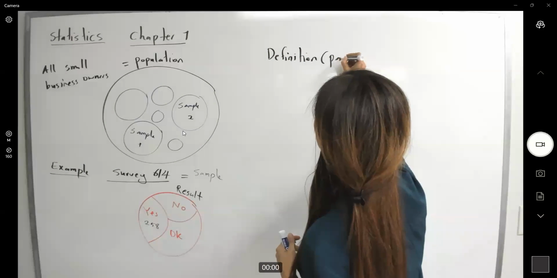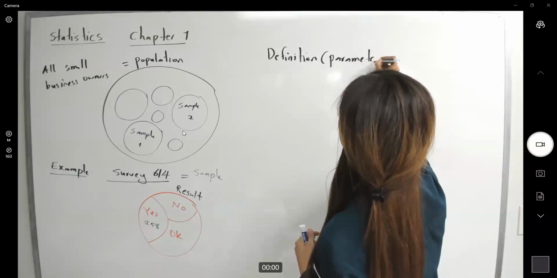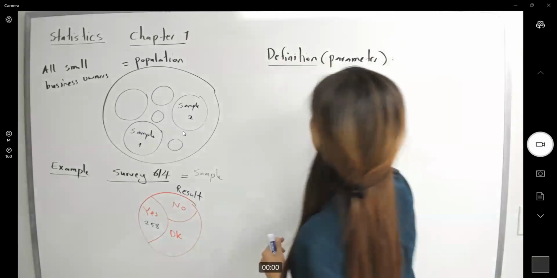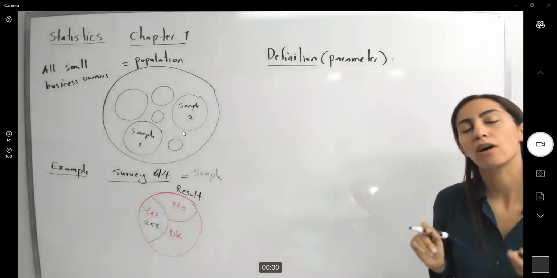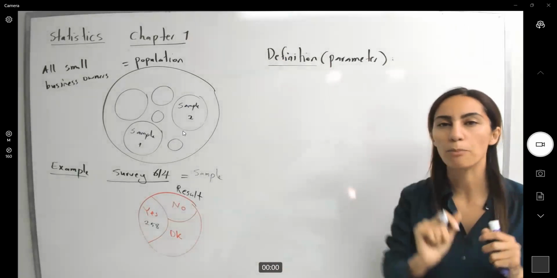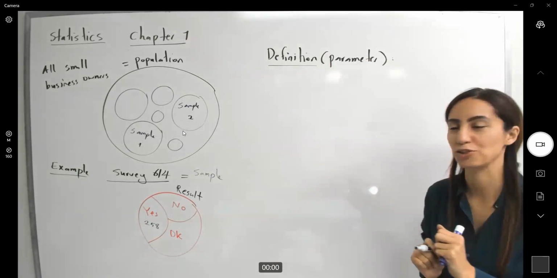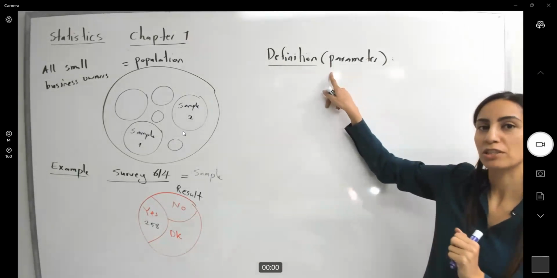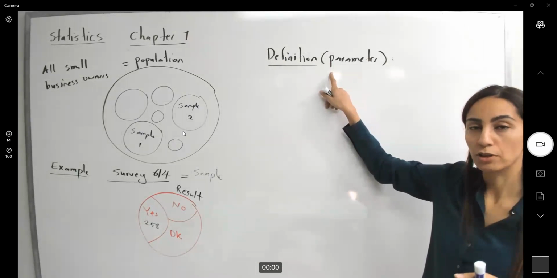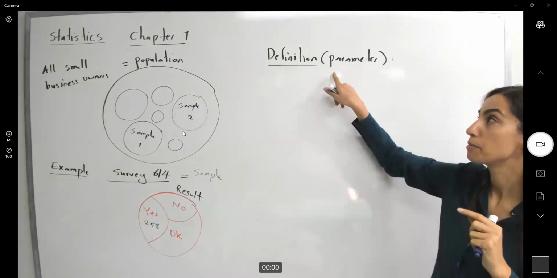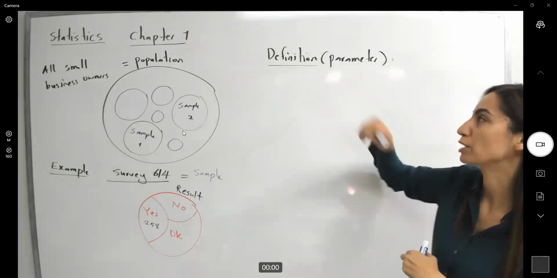Definition of parameter. A parameter is a numerical characteristic, the numbers that we find and assign to the population. Parameter starts with P, population starts with P, so parameters are for populations.